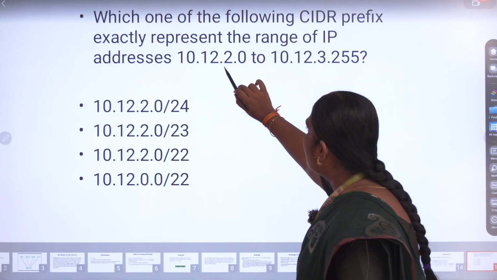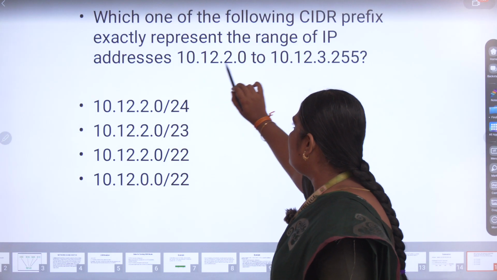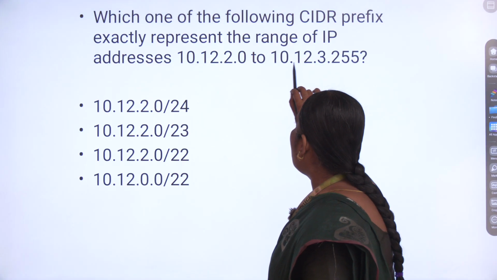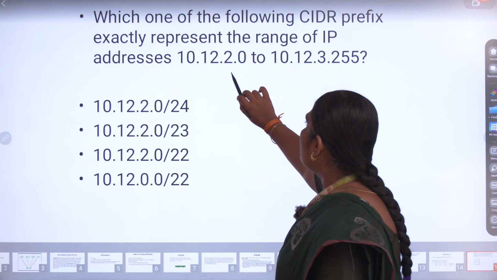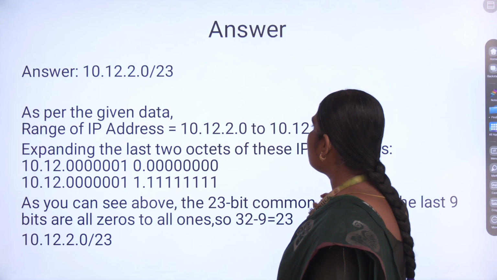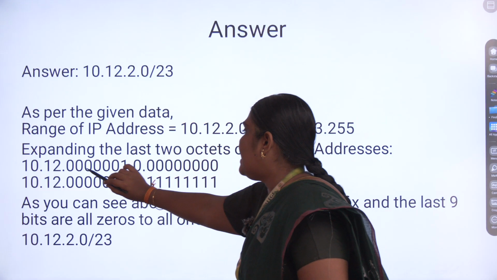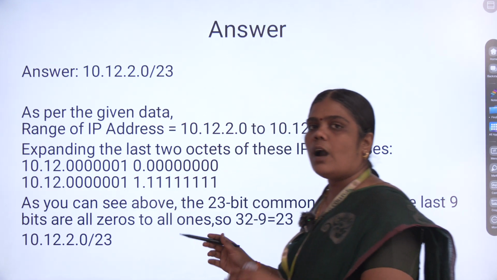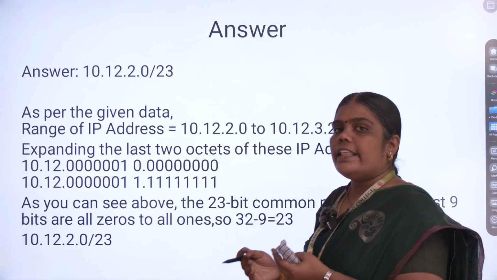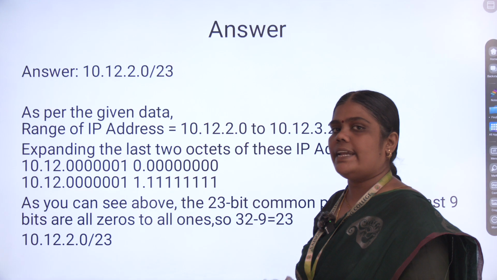So if we change this into binary code, then we can keep this 10.12 alone separately and decode the last 2 octets like this. 10.12.2.0 can be represented like this. 10.12, the common bits represent the network ID, and the least significant bits, which are all 0, represent the host IDs.